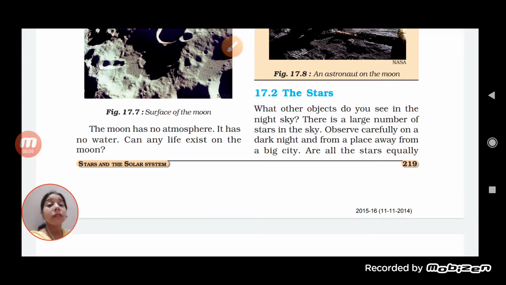So students, in the previous class, in the chapter on the stars and the solar system, we were talking about the stars. We started to understand the stars and we have already understood about the moon. We have seen the different phases of the moon and how the moon looks.